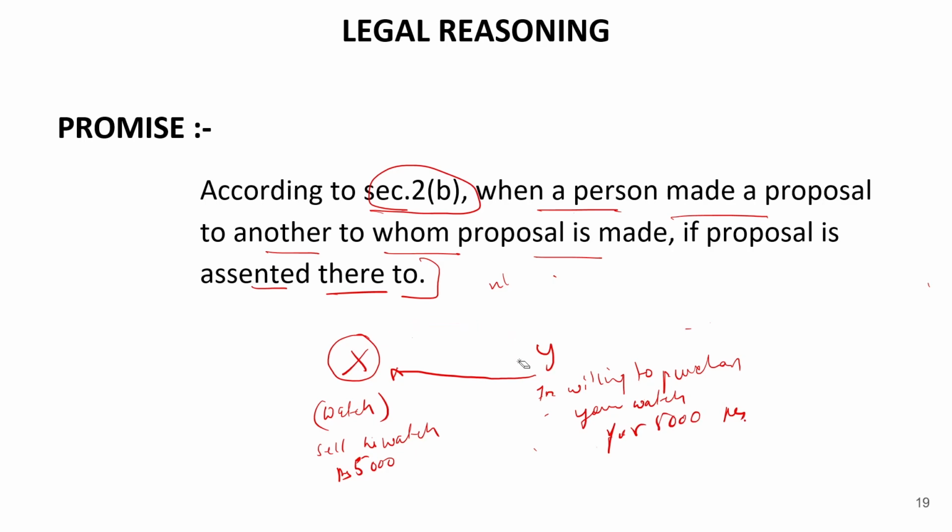So here it will not be considered that there is a promise, that there is an acceptance. Why? The question is why. Because this particular person X has not made the offer yet to Y. Rather, Y has shown his willingness to purchase the watch that belongs to X.